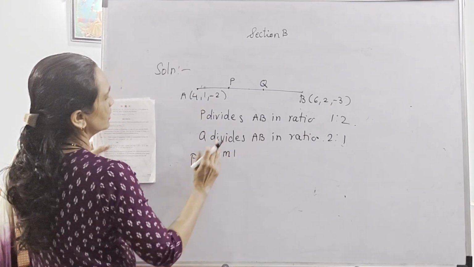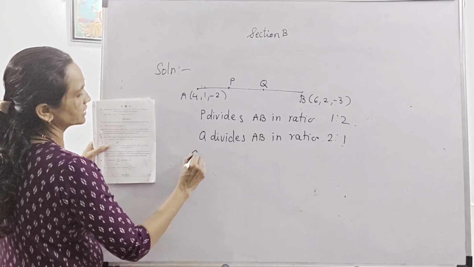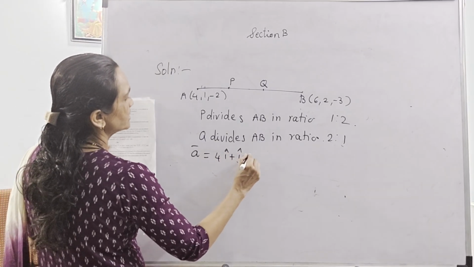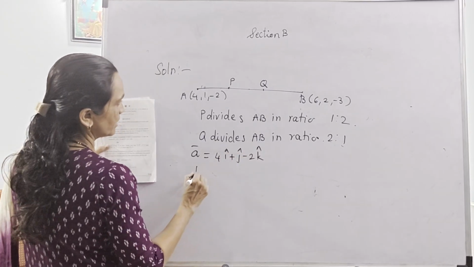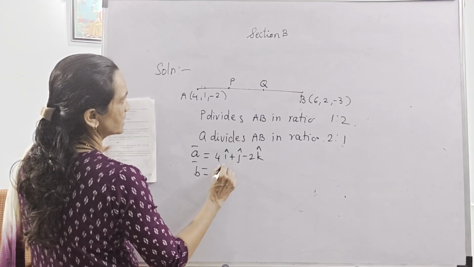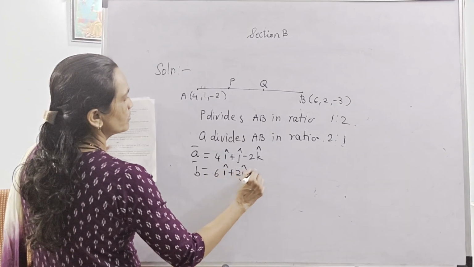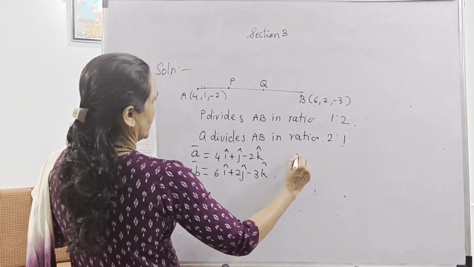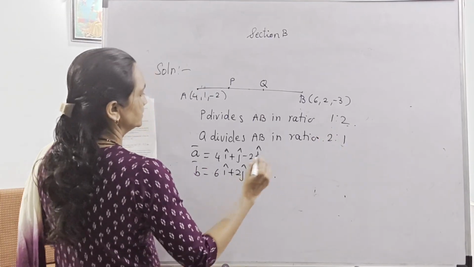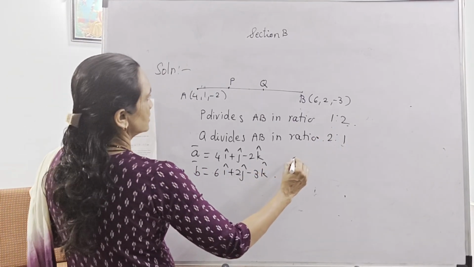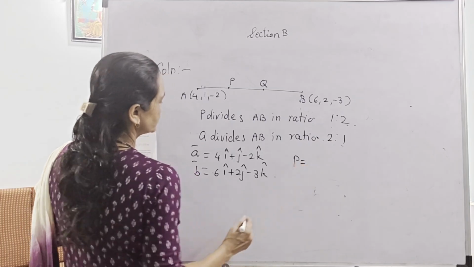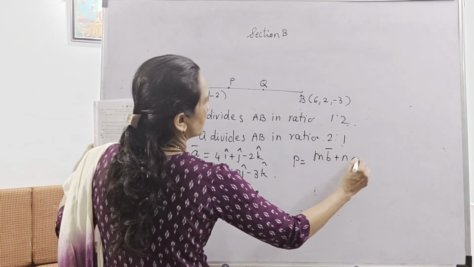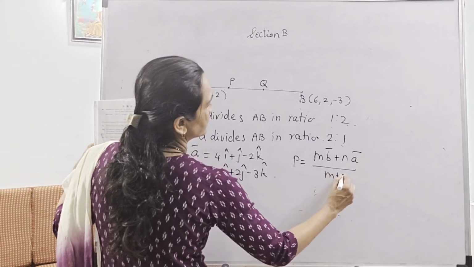I will first write in vector form: A bar is 4i cap plus j cap minus 2k cap, B bar is equal to 6i cap plus 2j cap minus 3k cap. So this is your m and n. So I will write P is equal to (m B bar plus n A bar) upon (m plus n).